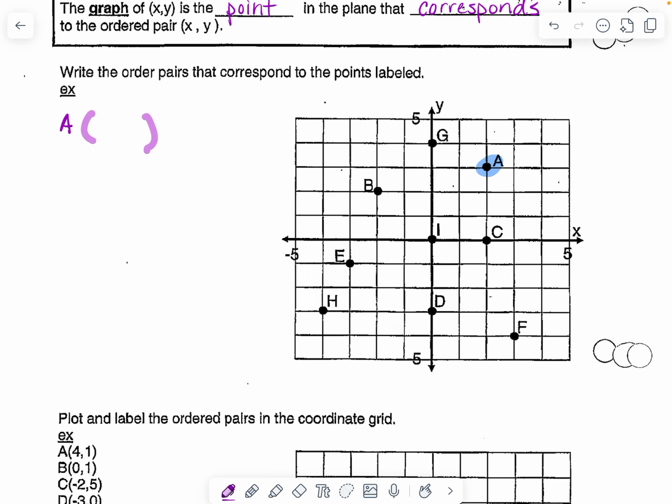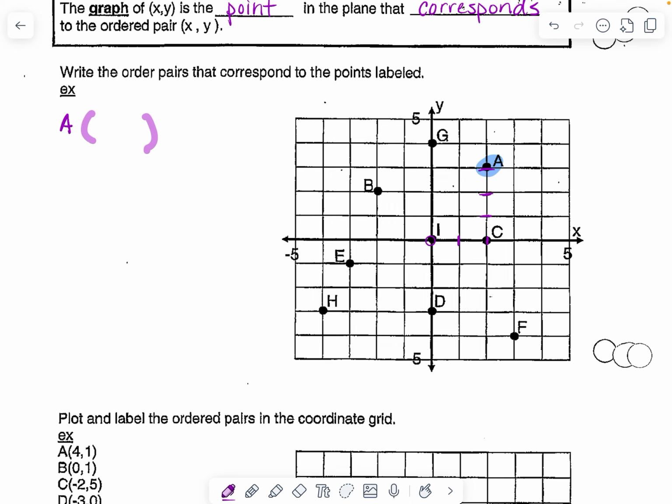So the x value, if we count squares, start here in the middle where we call the origin. How many squares do you move left or right, and how many squares do you move up or down? So if I go from the origin and travel to point A, I'm going to go 1 square, 2 squares to the right. That's a positive direction. And I'm going to go 1 square, 2 squares, 3 squares up.